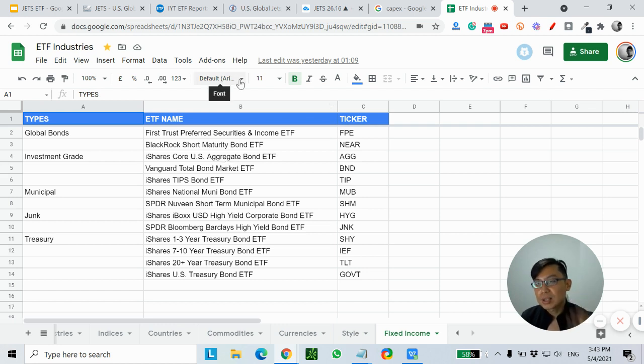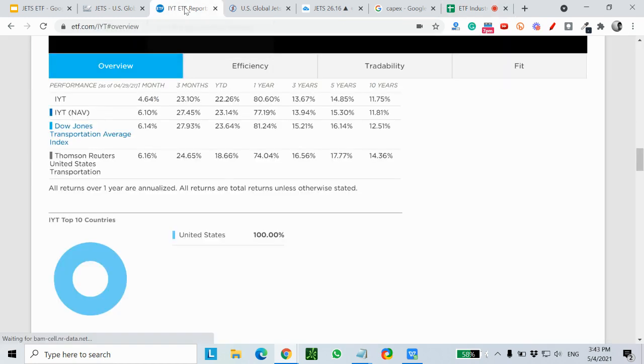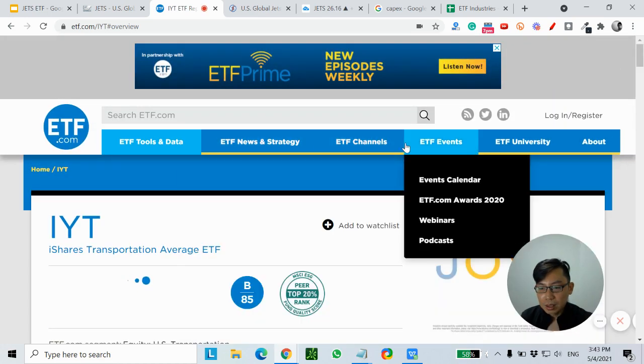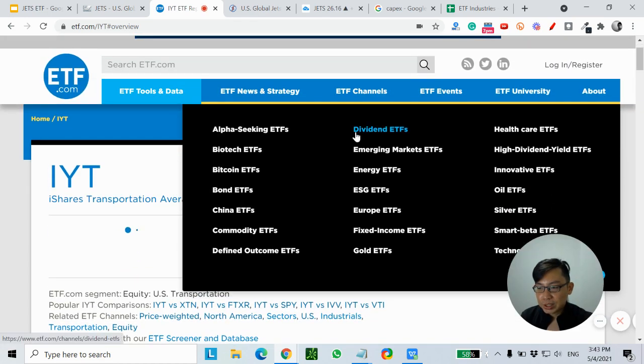A lot of these ETFs, if you want to try and find them, it is not so straightforward. What do I mean by that? Let's say you want to search for a biotech ETF.